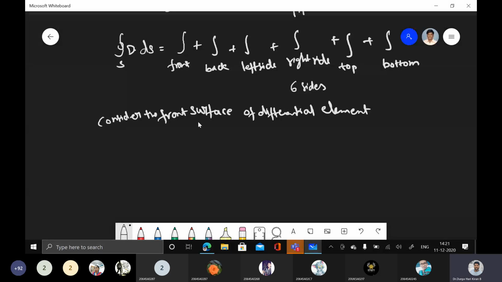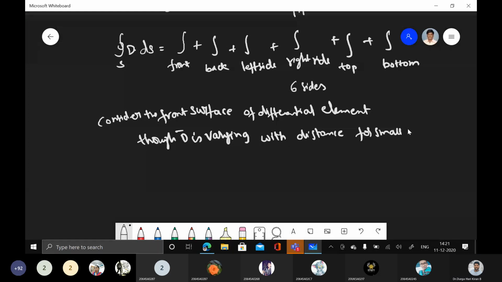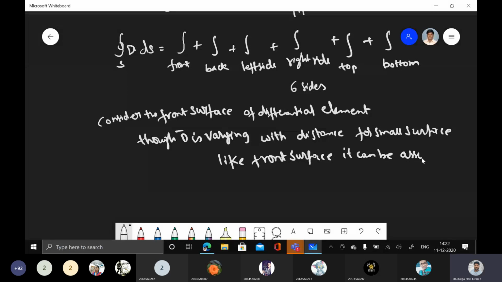Okay, so D bar is varying with the distance, but for a small surface like the front surface, it can be assumed constant.